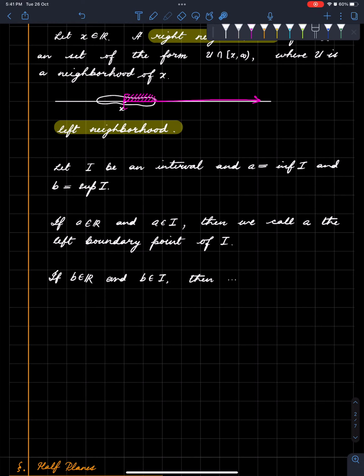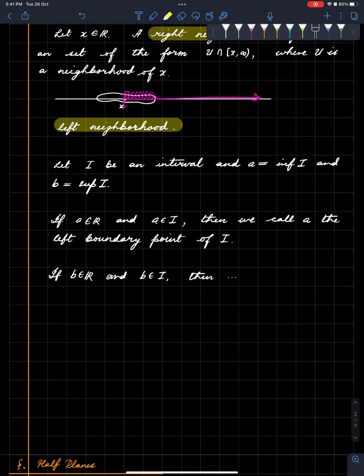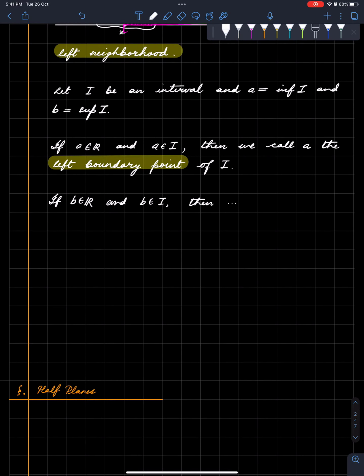So let me just remark as to what we are trying to capture. Suppose we have an interval of the sort (a, b) closed. Then we'd like to call this the left boundary point and this the right boundary point. So basically this definition takes care of that.